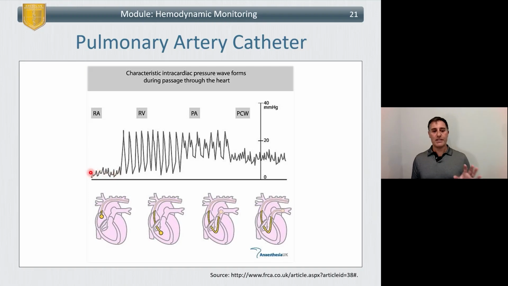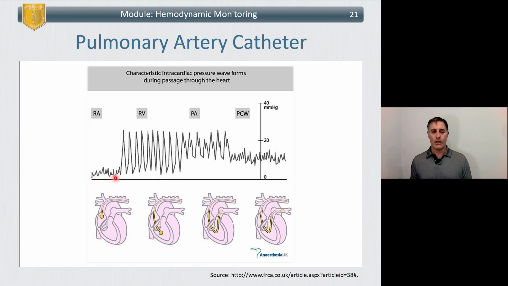So here we are looking at the pressure at the distal tip of the pulmonary artery catheter as we're inserting it with the balloon inflated on the Swan-Ganz catheter. Initially we're in the SVC and then the RA. The RA tracing and SVC tracing are virtually the same and look like this.